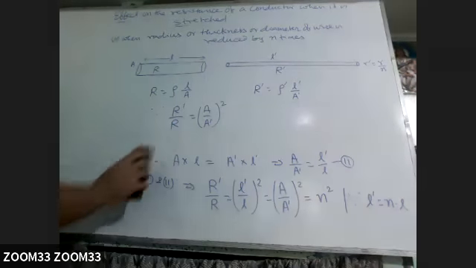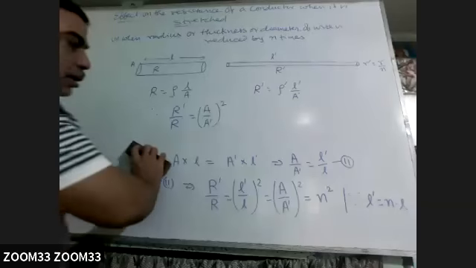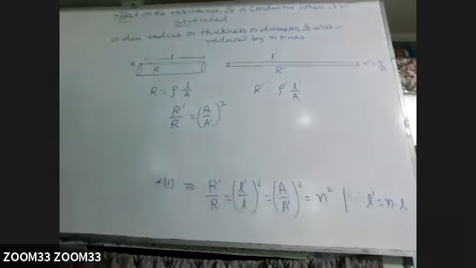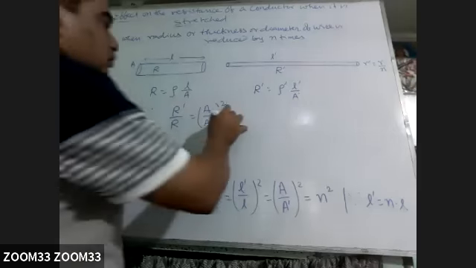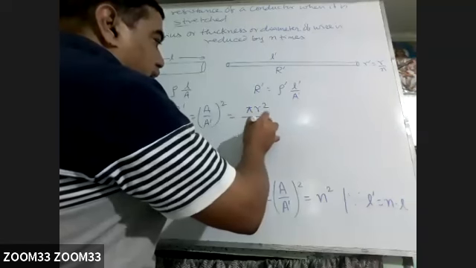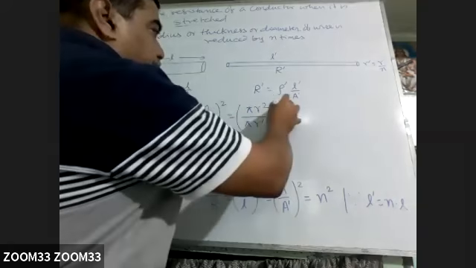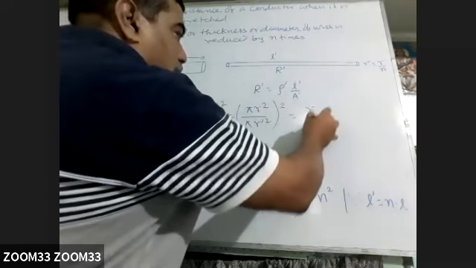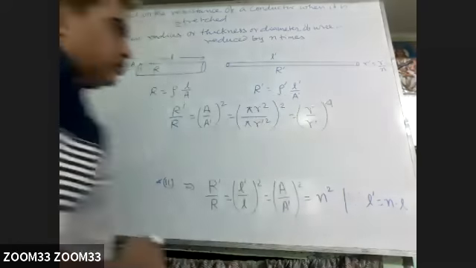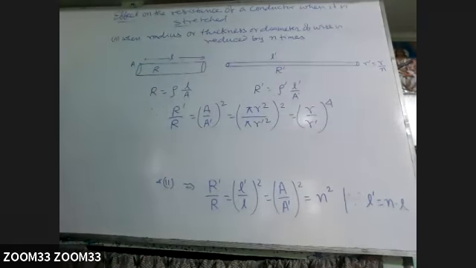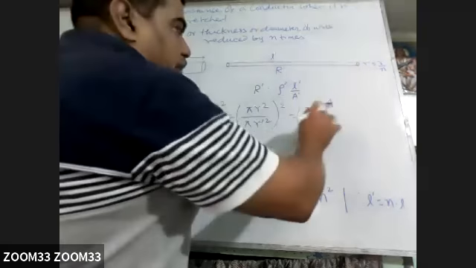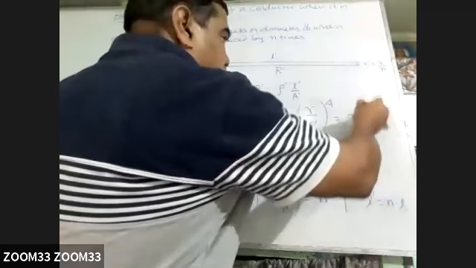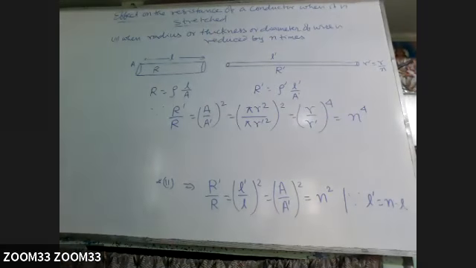So here, what will be A over A dash whole square? In place of A, what will you write? This is pi r square, and this is pi r dash square. So r over r dash to the power 4. r dash is r by n, so it can be n to the power 4.